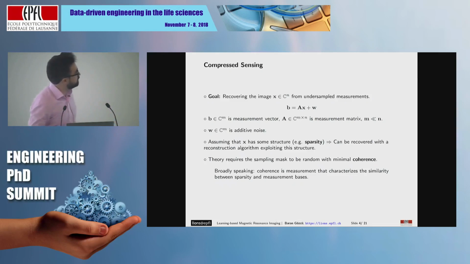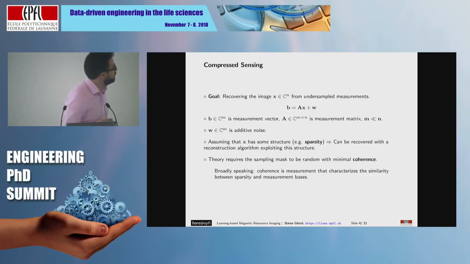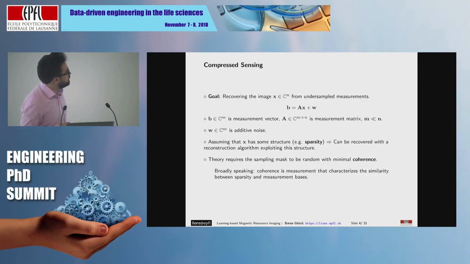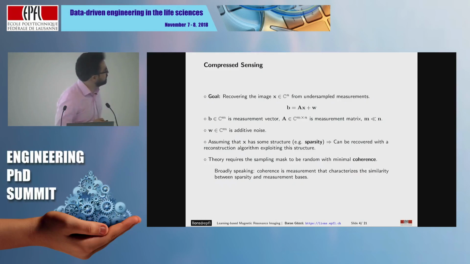X is the signal that we want to recover. And A is, in the case of MRI, a Fourier transform, a sub-Fourier matrix, and this reduces the size of the image. And then from a small number of measurements, the algorithms are able to reconstruct X with a certain quality.